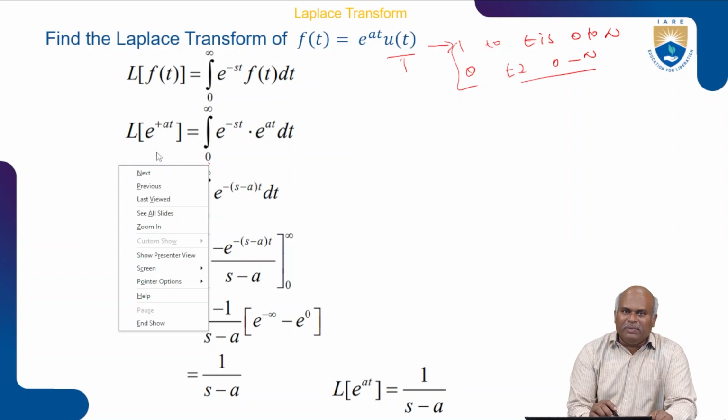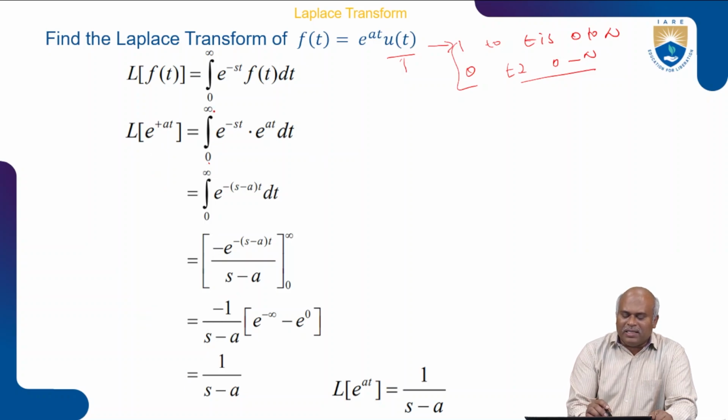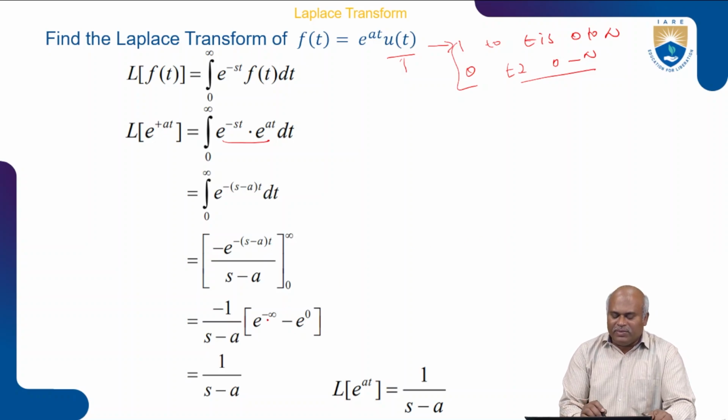The Laplace transform of e power plus at is the integration from 0 to infinity of e power minus st times e power at dt. Then we simplify these two terms: the integration from 0 to infinity of e power minus s minus a, t dt. Integrating this, we get minus e power minus s minus a, t, divided by s minus a. Substituting the limits 0 and infinity, we get minus 1 by s minus a times e power minus infinity minus e power 0.